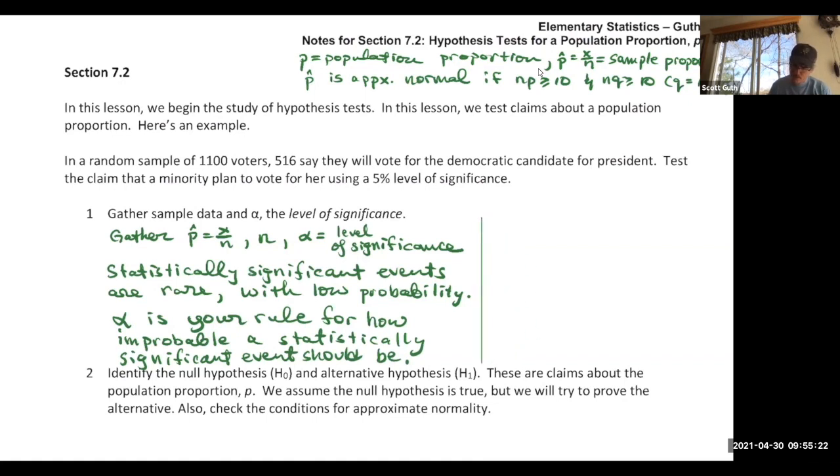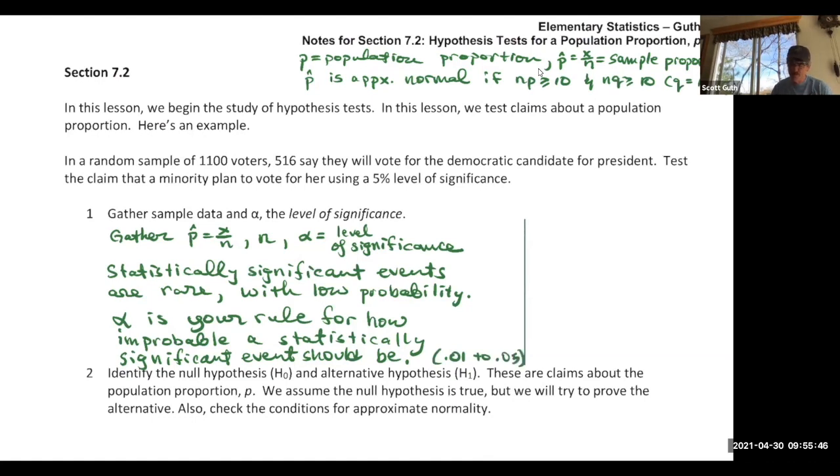So I think in parentheses, I'll just add 0.01 to 0.05 usually. Okay. And you can do bigger.